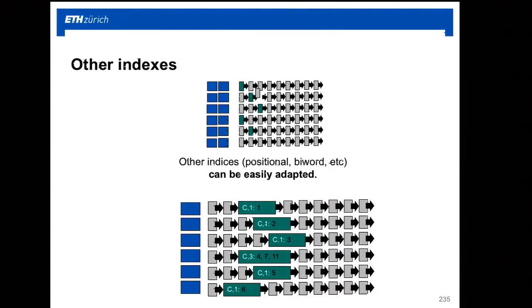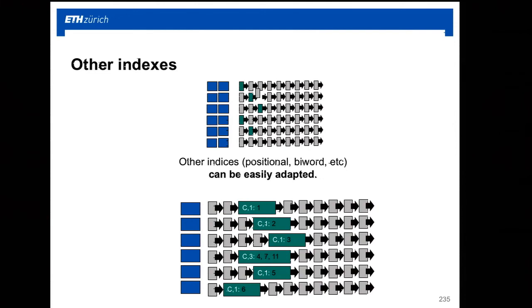In some cases, we want to support phrase search, so maybe we have the locations. We also have biword indices, where you have several terms instead of just one. It's a combination of terms. As it turns out, you can very easily adapt them to make it work with index construction as well. You just need to tweak a little bit, but it will work pretty nicely.